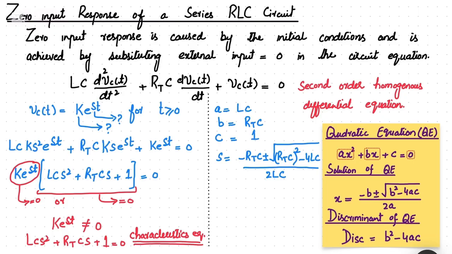When we calculate the roots of this characteristic equation, because this is a quadratic equation, we get two roots. Let's call them S1 and S2. These are the roots of the characteristic equation.